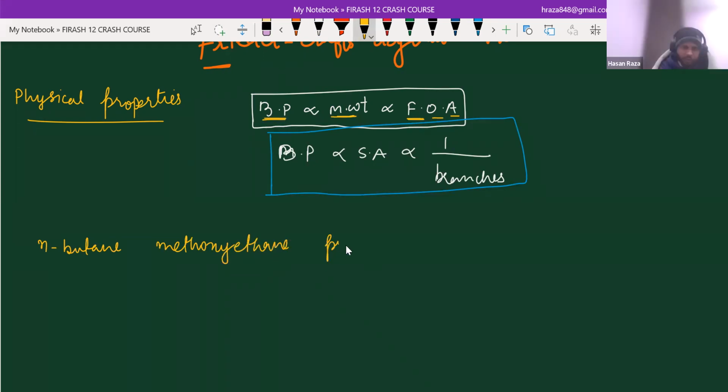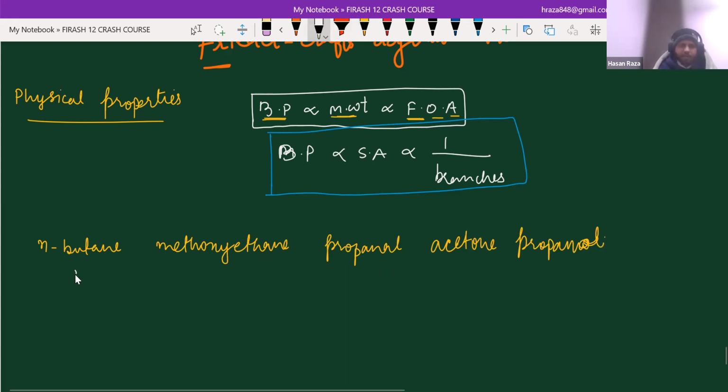So I'm going to give you some compound names which have comparable mass: propanol, and then acetone, and then here comes propane one-ol.